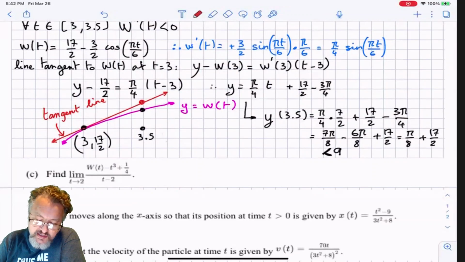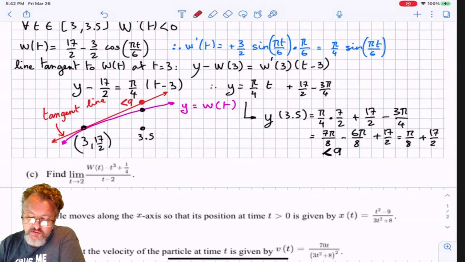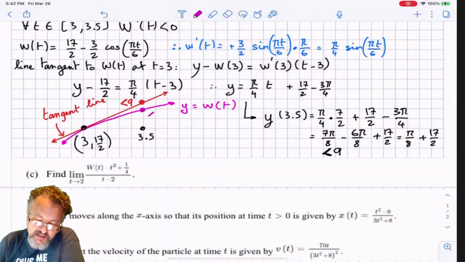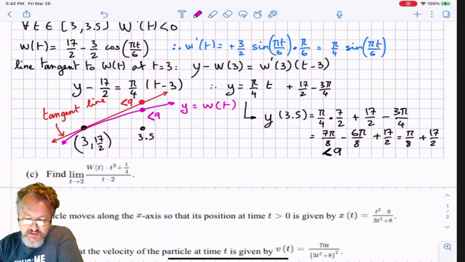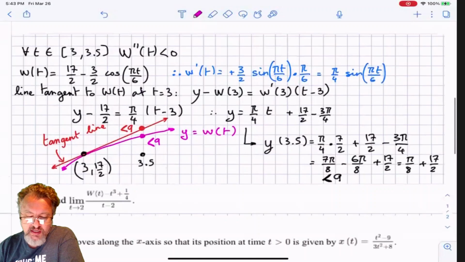This value right here is already less than 9. But we know that the function is concave down, which means that this value right here is even lesser than the previous one in red, so it's less than 9 as well, which essentially tells us that as a result, we can conclude for a fact that the function at t equal 3.5 is less than 9.